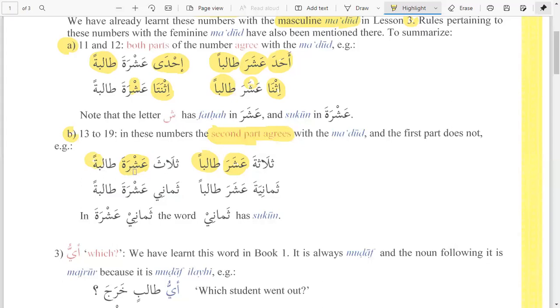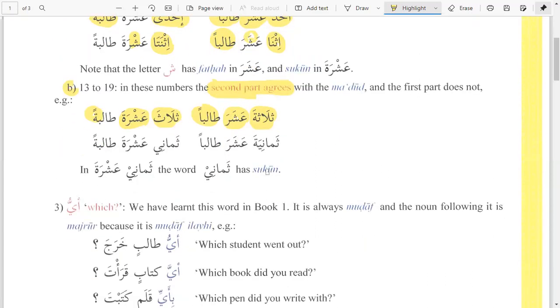So the second part of the adad agrees with the madud, while the first part doesn't. Taliban is muzakkar, while the first part salasata is feminine. Talibatan is feminine, while the first part is muzakkar, masculine.